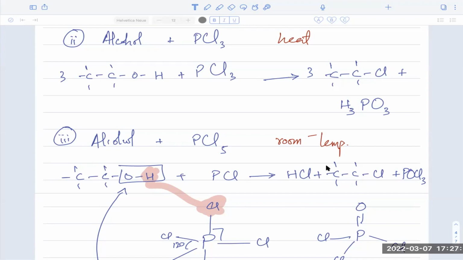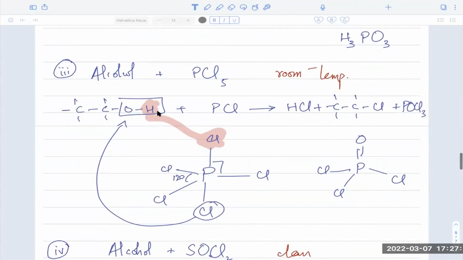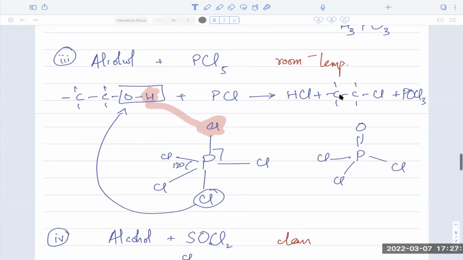And so with PCl5, what happens is that OH is replaced with one chlorine, which reacts with hydrogen, and both of them are replaced with oxygen in the PCl5 compound. So you end up with POCl3, HCl, and the halogen alkane that you wanted to make. Of course, you can separate them out through fractional distillation.